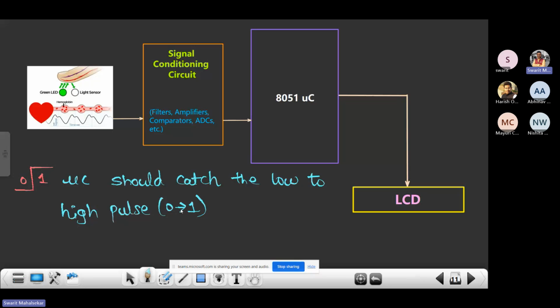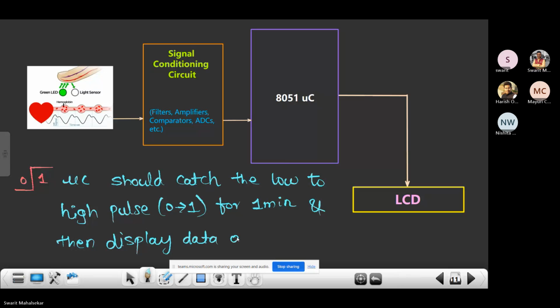A 0 to 1 pulse means that it is transitioning. Okay, so catch the 0 to 1 pulse for around 1 minute, which is almost equivalent to 60 seconds, right? And then display that data onto the LCD. This is our agenda.